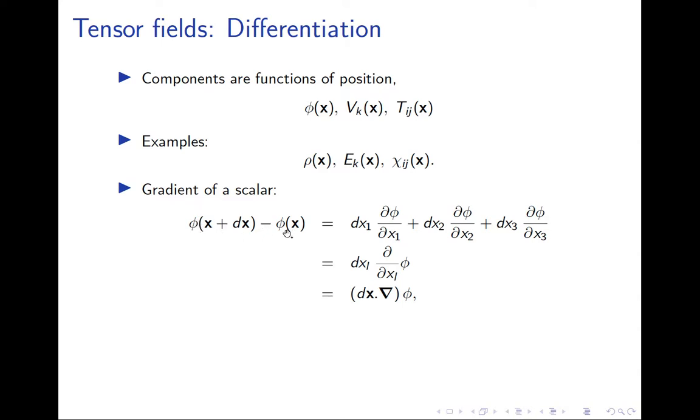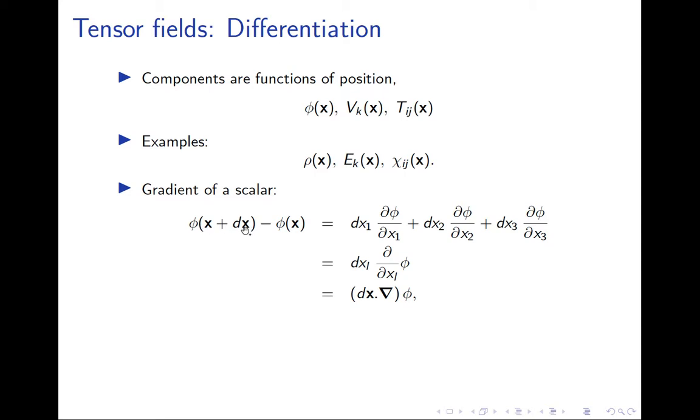I want to find out the difference between the value of the scalar in these two neighboring locations. Now this I can expand using a multivariable Taylor expansion to linear order, because dx is very small. So linear order is going to be important in the limit dx going to 0.